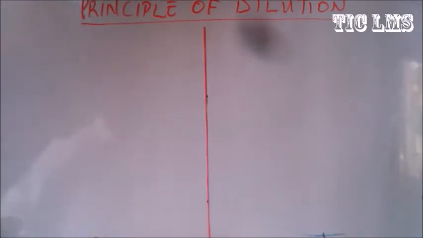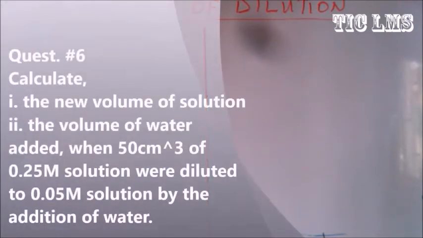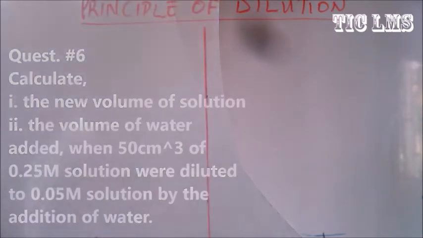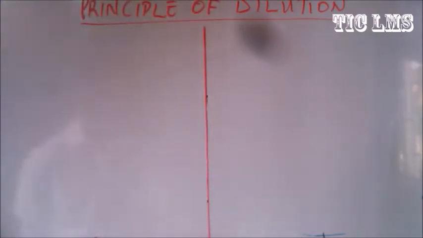Alright, so here's the next question, which says calculate I, the new volume of solution, II, the volume of water added when 50 cm cubed of 0.25 molar solution were diluted to 0.05 molar solution by the addition of water. Now in this question we would really understand what the principle of dilution is about.